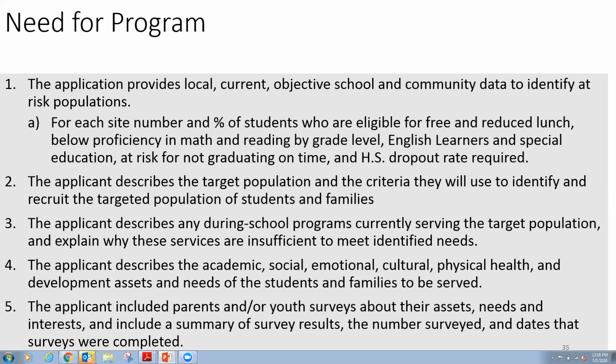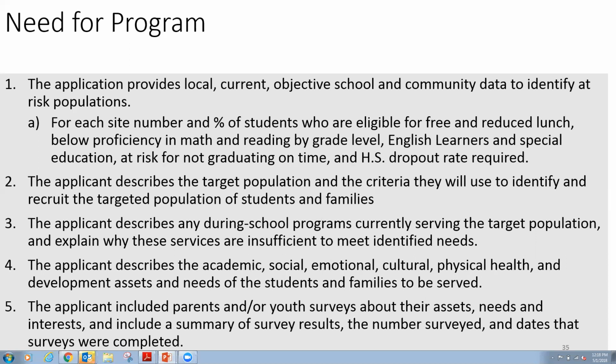Okay, the applicant describes any during-school programs, so we want you to think about any other programs being conducted at your school, either during the day or after or out of school time, that provide expanded learning opportunities for kids.